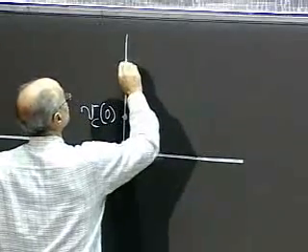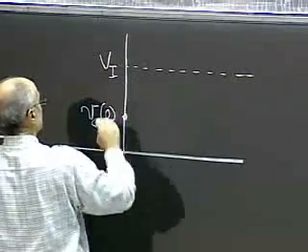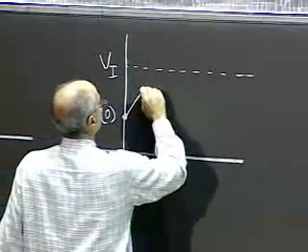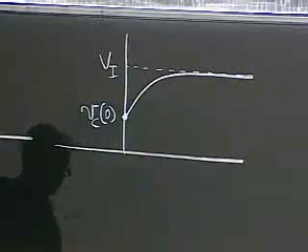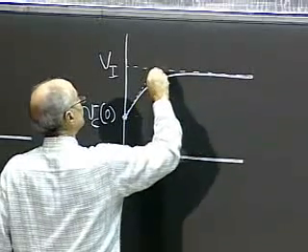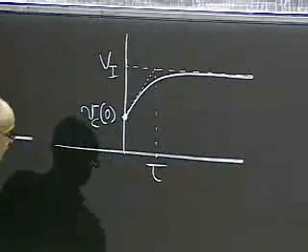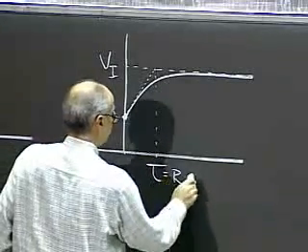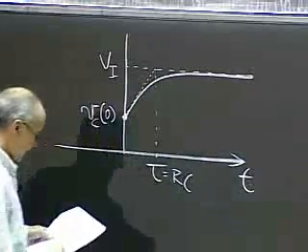And then assuming that Vi is a value that's larger than Vc of 0, we'll have a rising exponential that will come to this value. And now this is the time constant RC, and this is time.